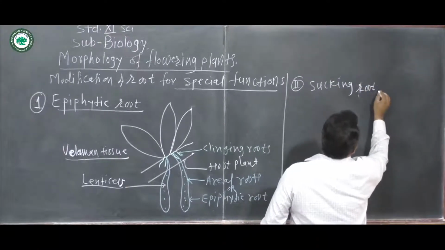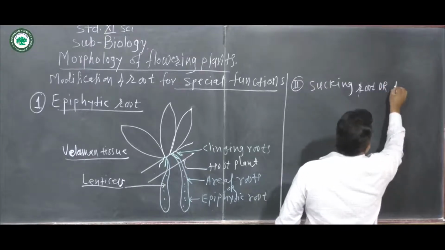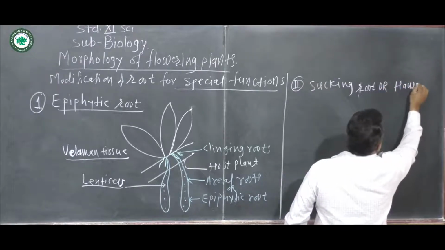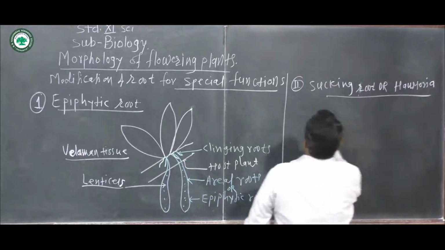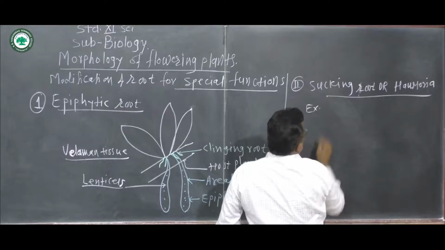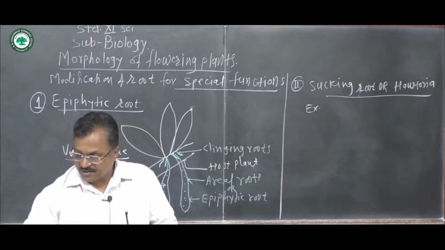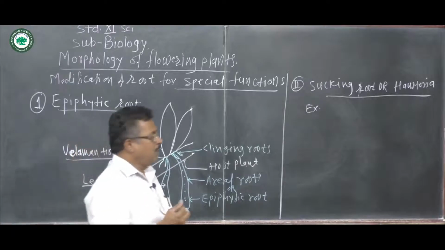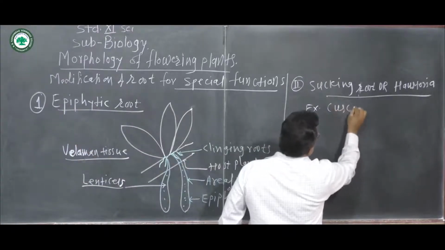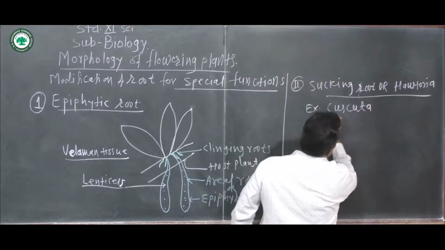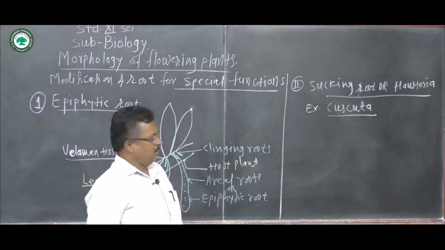For example, this special type of root is found in Cuscuta. In Marathi, it is called Amarvel.